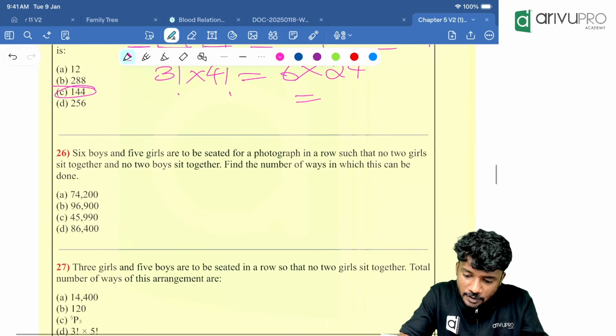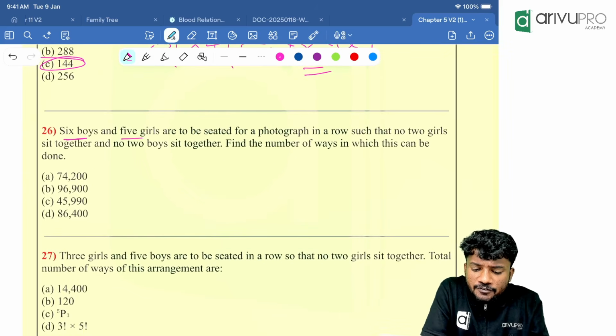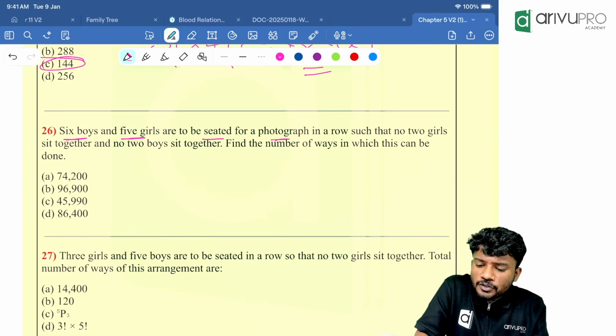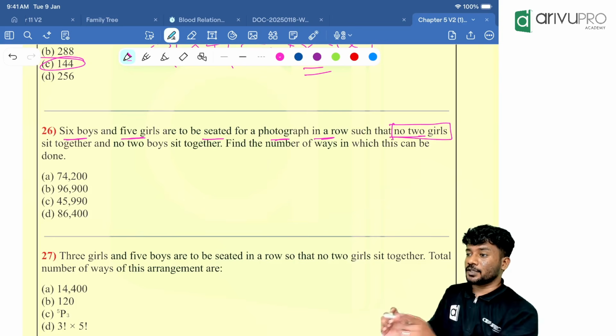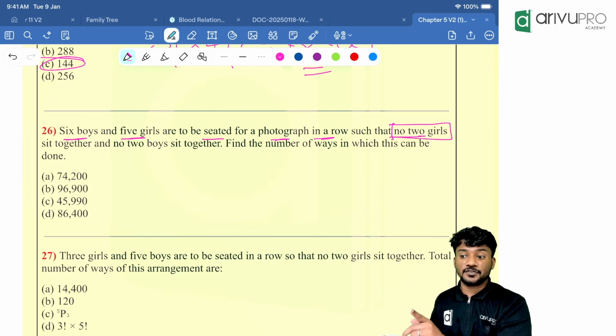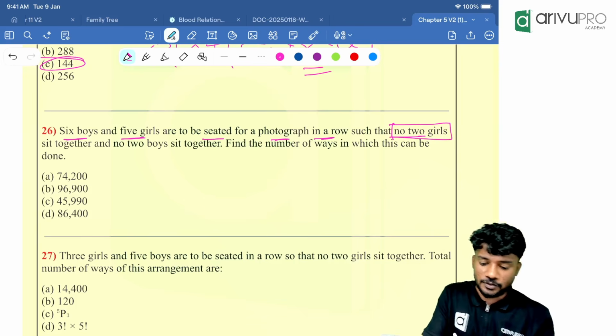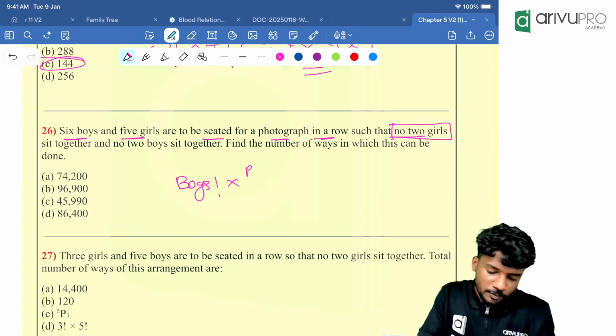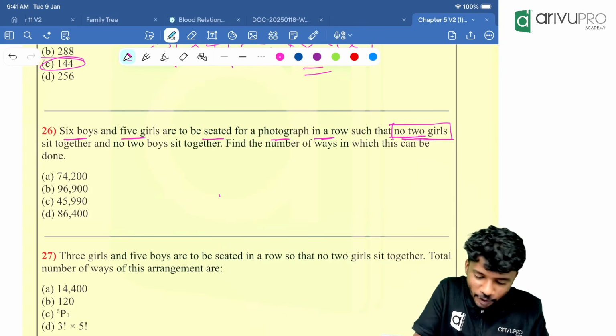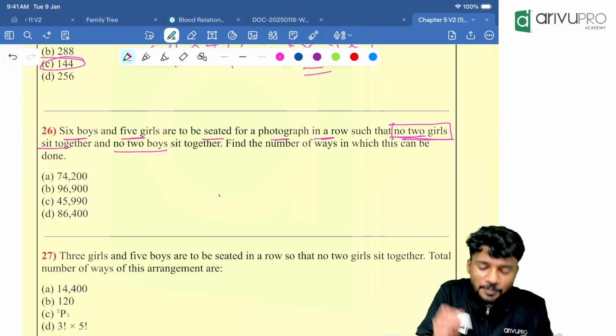Look here. 6 boys and 5 girls are seated for a photograph in a row such that no 2 girls are sitting together. No 2 girls sitting together means we should take number of boys factorial into... oh, one more thing, they have given it like this: no 2 girls sit together, no 2 boys sit together.